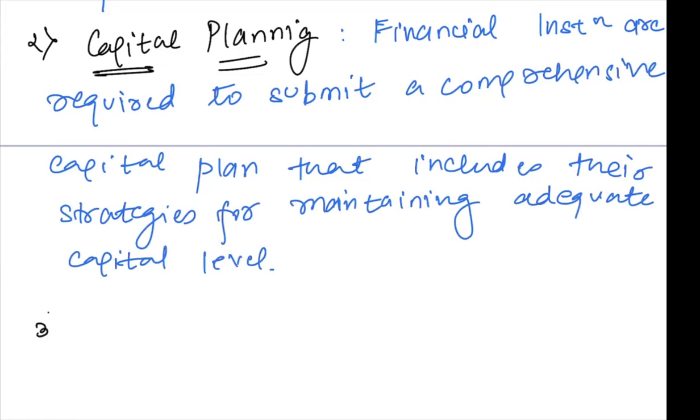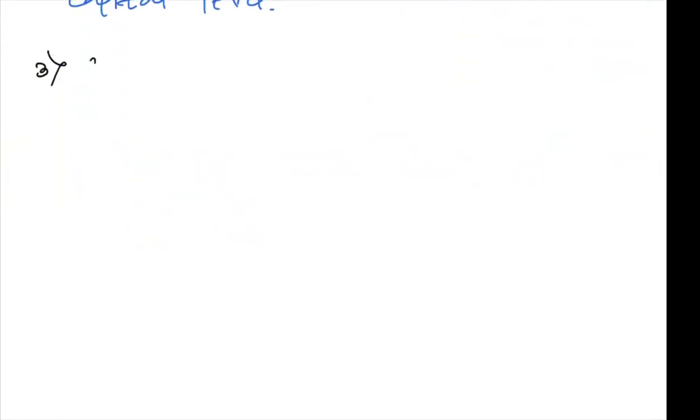Third component, stress testing. I guess you guys are familiar with stress testing, right? It is nothing but there are some hypothetical scenarios, and you use those hypothetical scenarios to evaluate the bank's capital adequacy. You might have used stress testing in models, right? I mean, using different scenarios of the input parameters, you see how your model is performing.